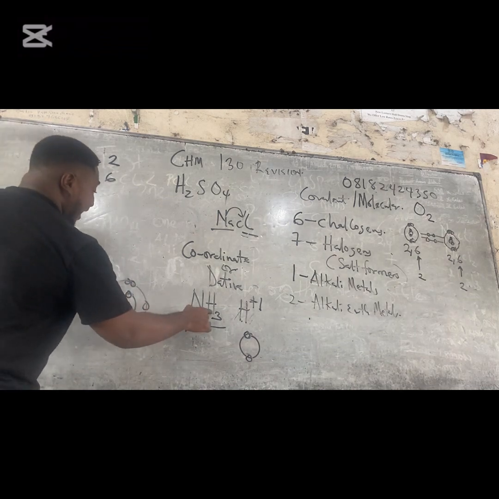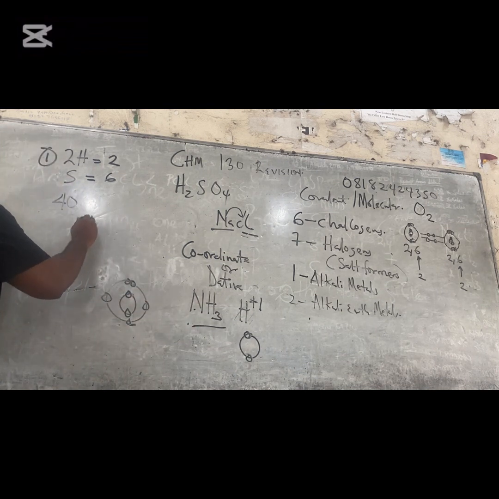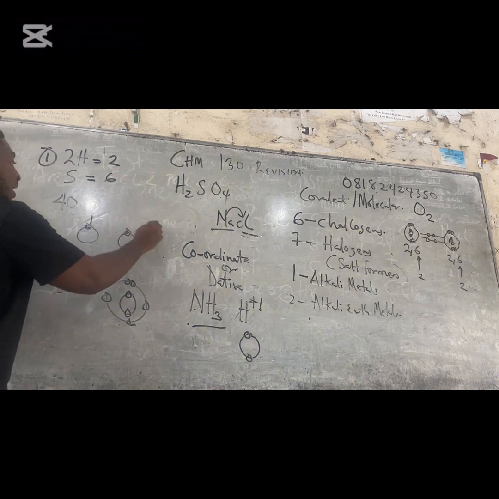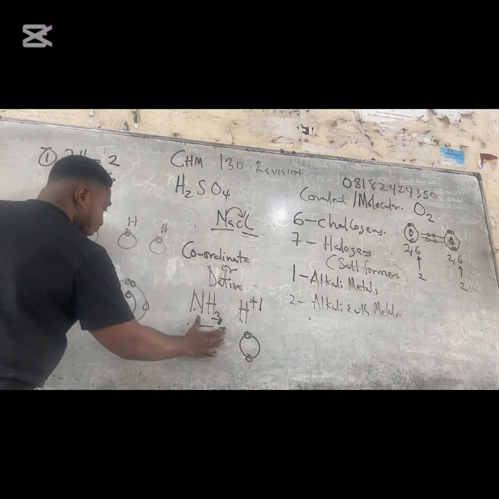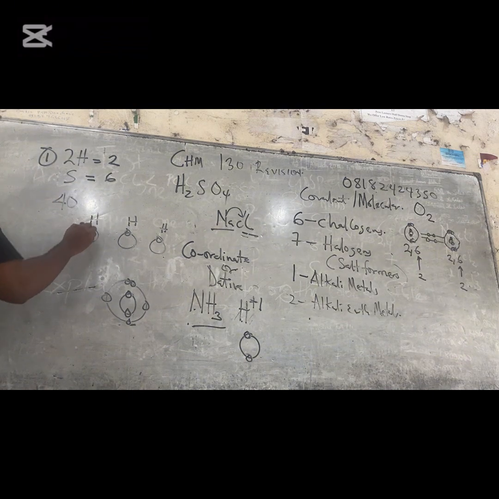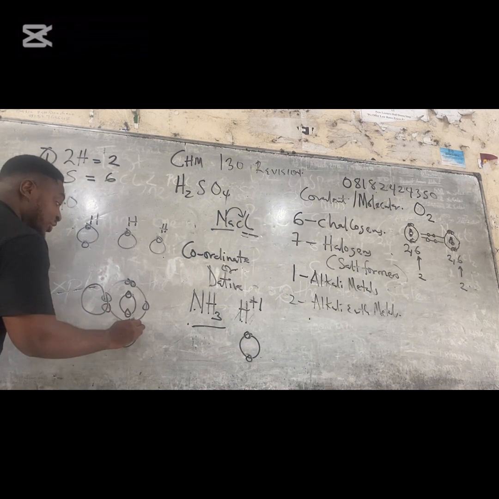Now, nitrogen is carrying 3 hydrogens, right? Each normal hydrogen has one electron already, and each needs one more electron to be stable. So each will bring its own 1 electron and join with the nitrogen, and they will share. So these first 3 hydrogens are bringing something to the table.